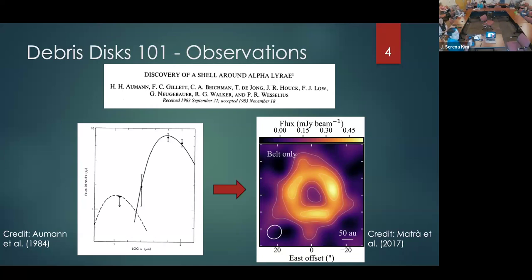You don't expect this much infrared emission compared to the stellar photospheric emission. Since then, we've been able to observe debris disks in a lot of ways, including imaging. This is a figure from Luca Matrà's paper. This is an ALMA observation of the debris disk around Vega, and you can see that you can resolve this belt or ring type structure.